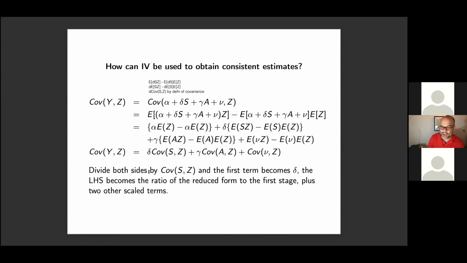Okay, so if I divide both sides by the covariance of SZ, now look, here is the causal parameter of interest. Delta is the ATE. It is what we are trying to identify. So what if we just divide both sides by covariance SZ?